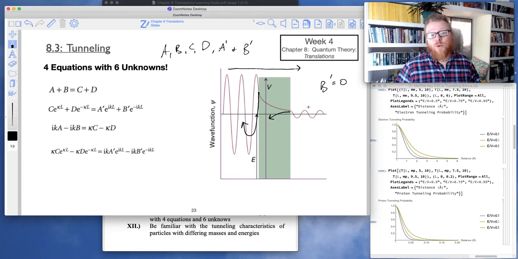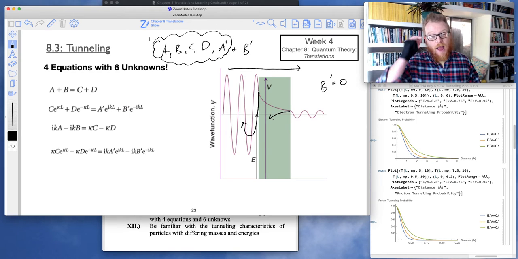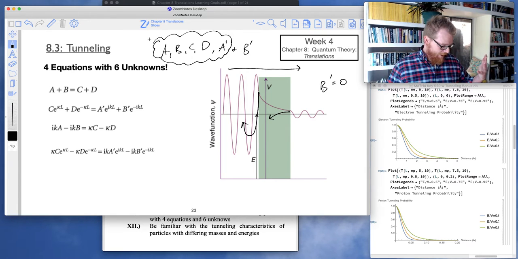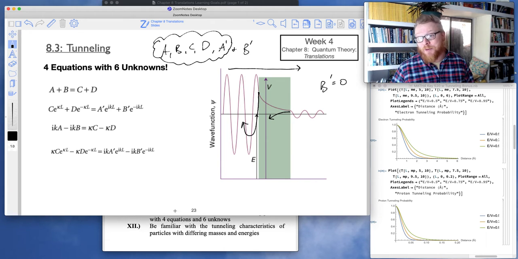So now we've got 5 unknowns with 4 equations. How do we specify a 5th equation? Because with 5 unknowns, we're going to need 5 equations, okay? Well, we can talk about this in terms of transmission probability.